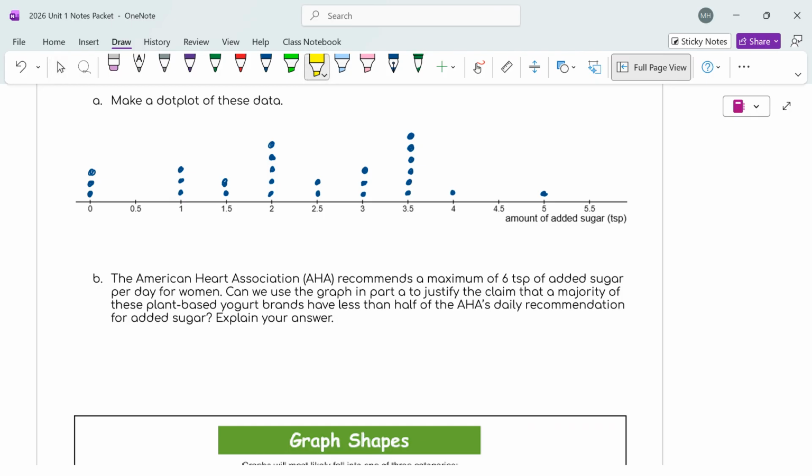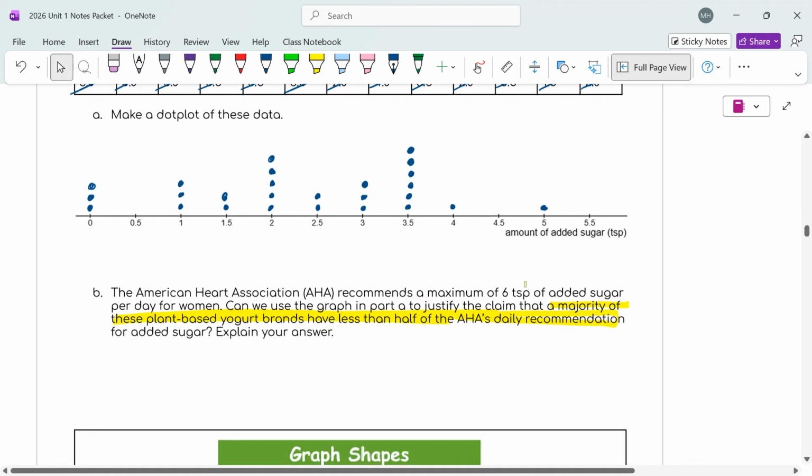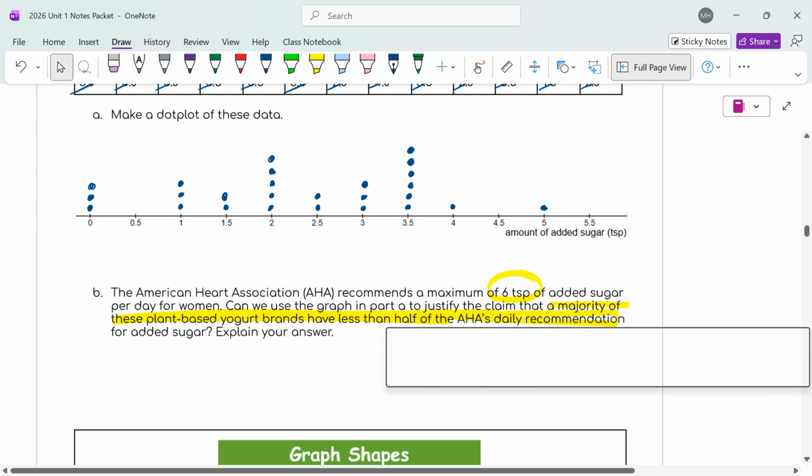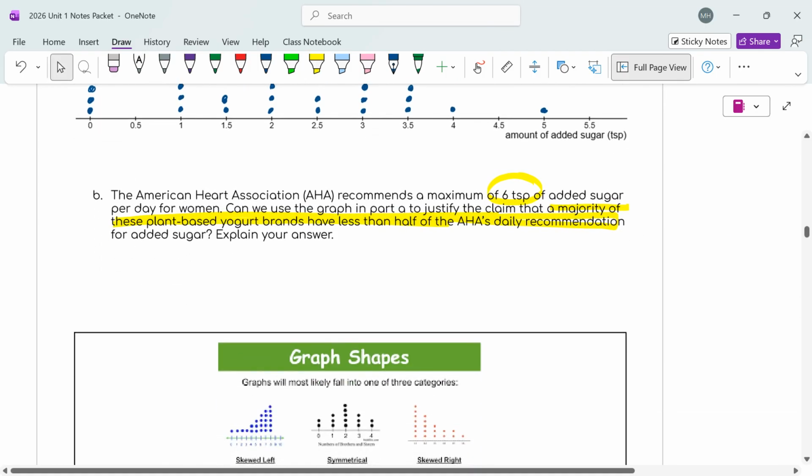So we're looking for, can we justify that the majority of these plant-based yogurt brands have less than half of AHA's daily recommendation? Let's see, AHA's daily recommendation is 6 teaspoons. So half of 6 would be 3 teaspoons. So let's write that down.